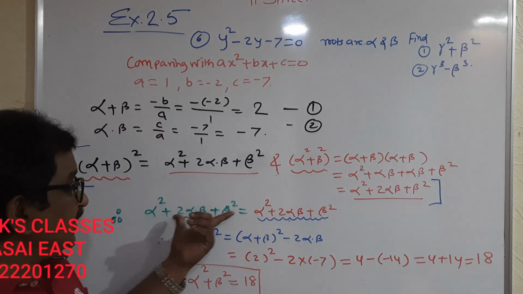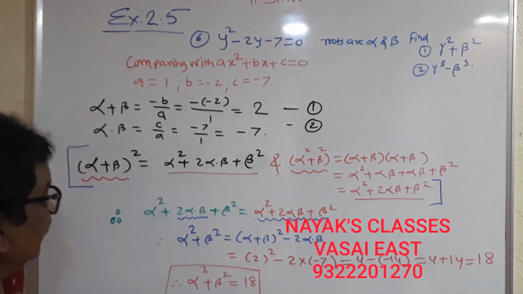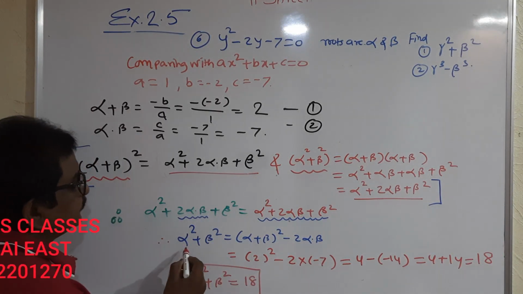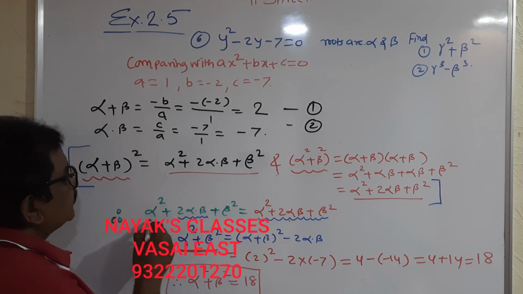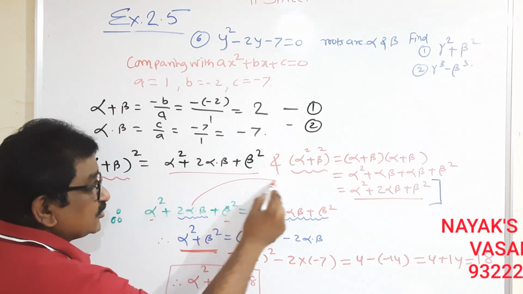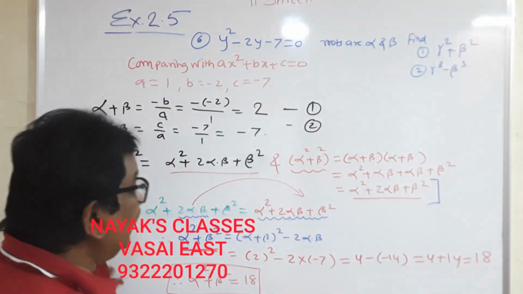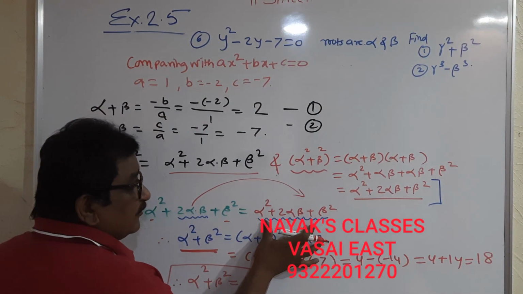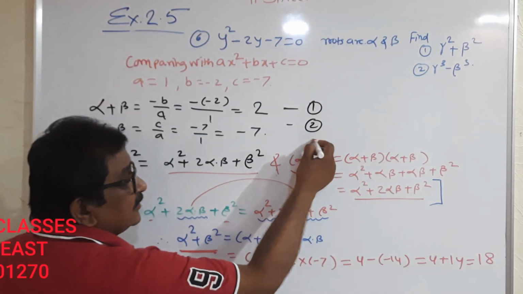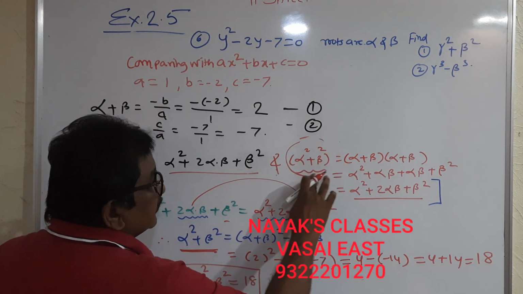So these two identities are same. I need alpha square plus beta square this side. So I sent 2 alpha beta to this side, and alpha square plus 2 alpha beta plus beta square is taken as this one.